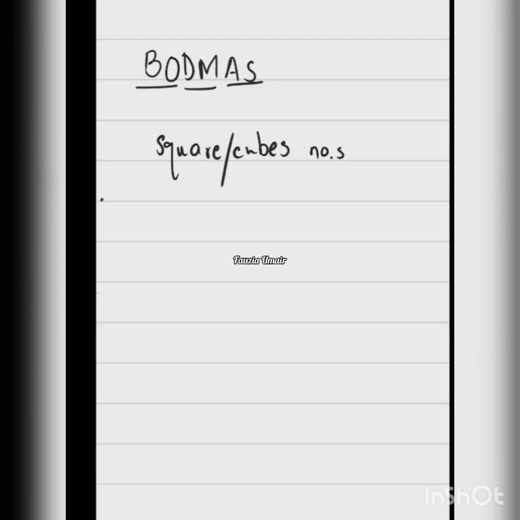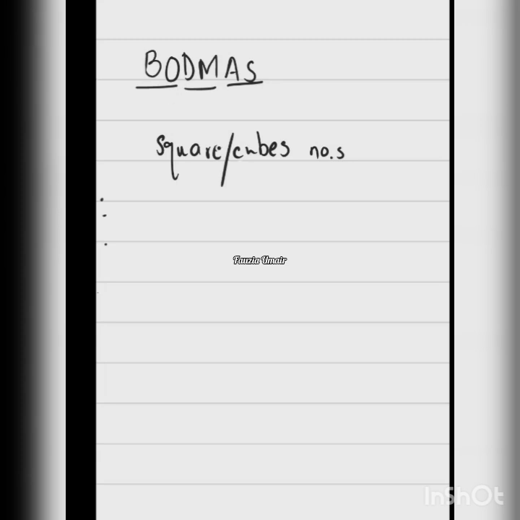What is a square number and what is a cube number? Can anyone recall? Ma'am, a square number is a number which is multiplied by itself one time, and a cube number is a number which is multiplied by itself two times.